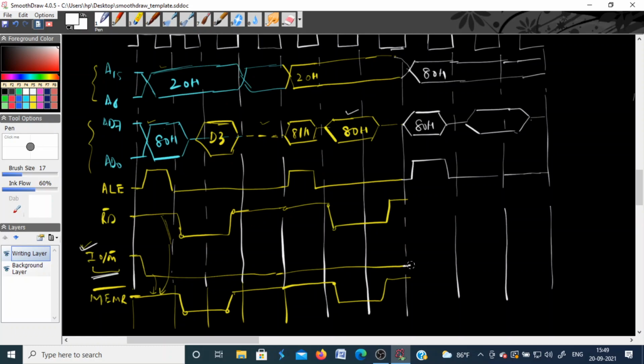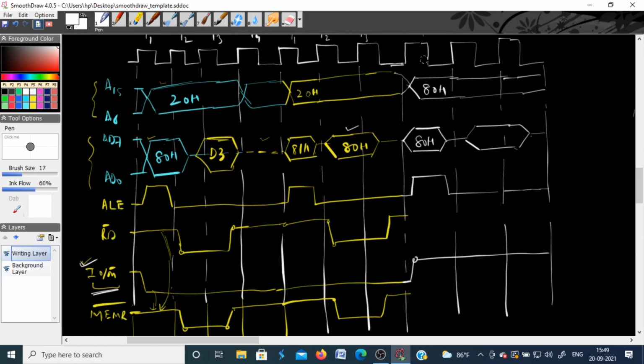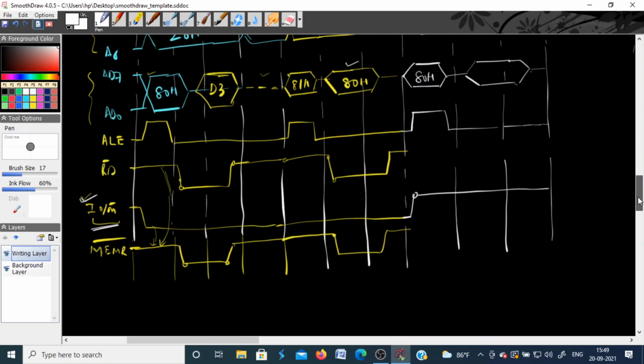So at the start of this T1, the processor will set this signal to 1, which will indicate that it is an input output related operation. During the first clock pulse, that is T1 of this M3, the processor is busy latching the lower 8-bit address, so that the bus can be used for data in the next cycle.